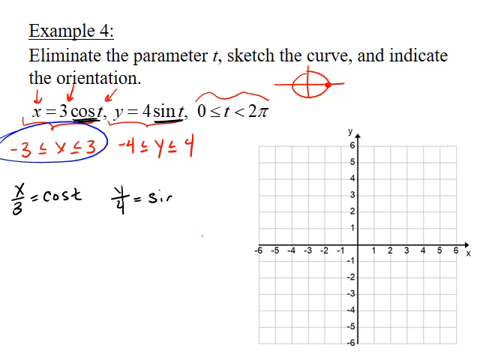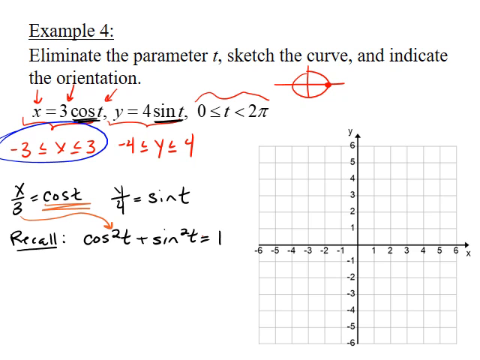get sine of t. Then I'm going to dig deep in my memory and recall that there is a Pythagorean identity which states cosine squared of t plus sine squared of t is equal to 1. Well, in this particular case, I know cosine of t and I know sine of t, so I'm just going to substitute those in.